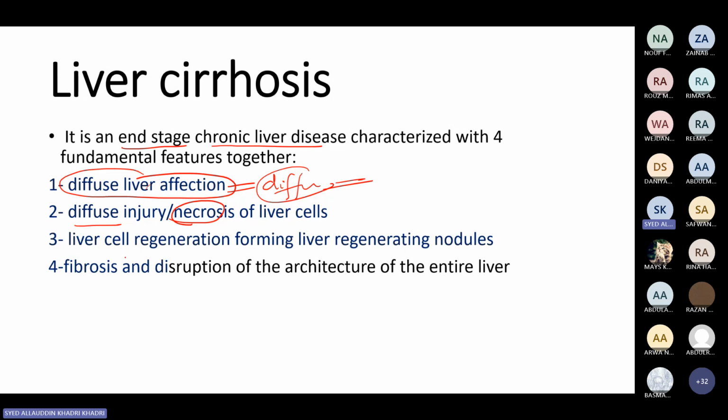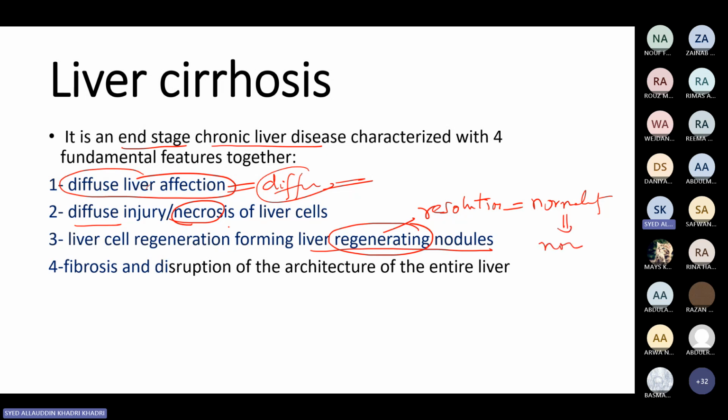Liver cell degeneration occurs to a certain extent, forming liver regenerating nodules. When it's called regeneration, there is some resolution. Resolution, as we have learned in healing, is coming back to normality, meaning normal cells.